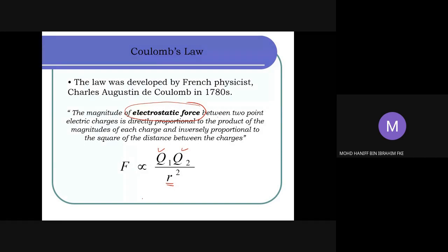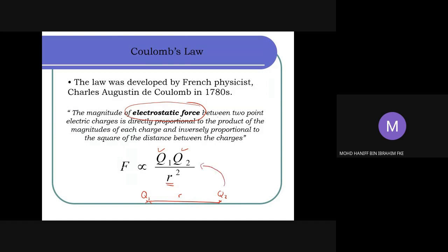So it means that if we have two point charges, for instance Q1 here and Q2 here, separated by a distance of R, the electric force between these two point charges can be calculated by using this equation.